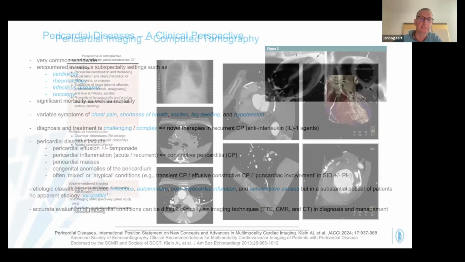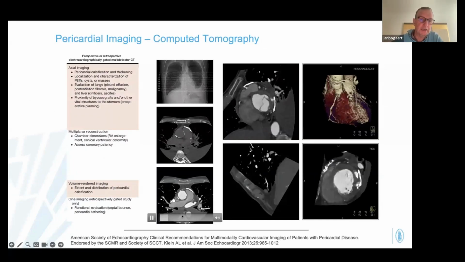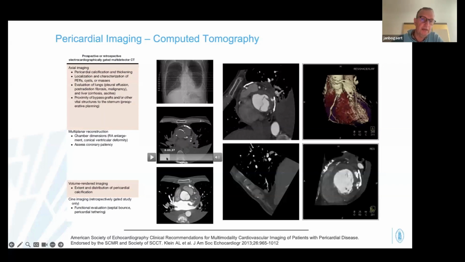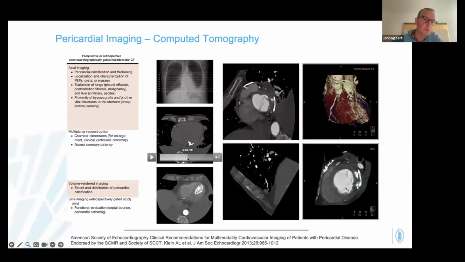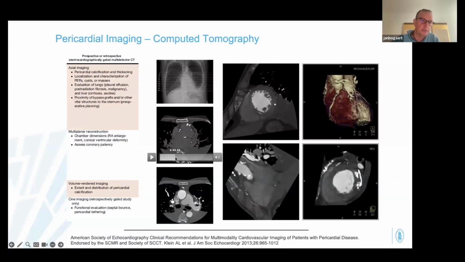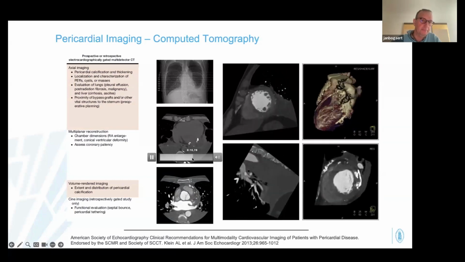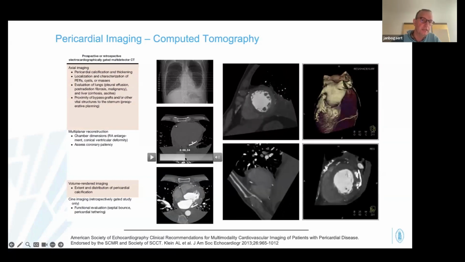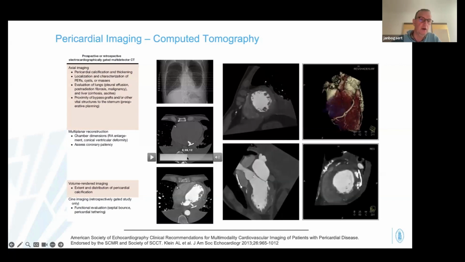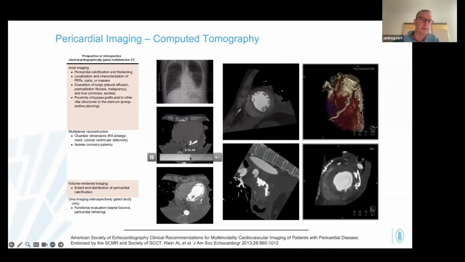If we start with CT, you can do CT scans before and after contrast. They allow us to visualize the pericardium. You can see if there's effusion present, you can measure the width, and they are definitely the best technique to appreciate the presence and spread of pericardial calcifications.